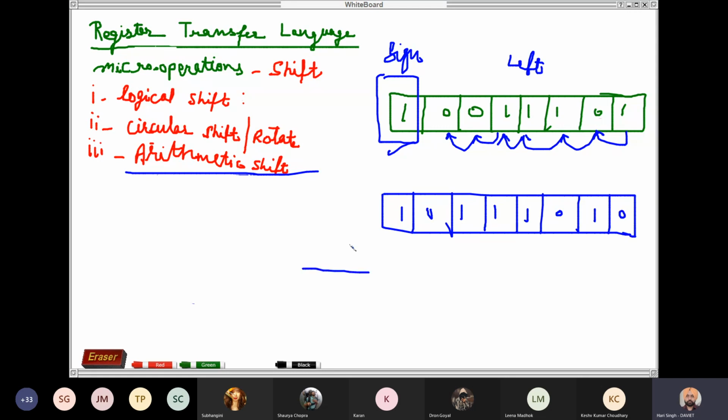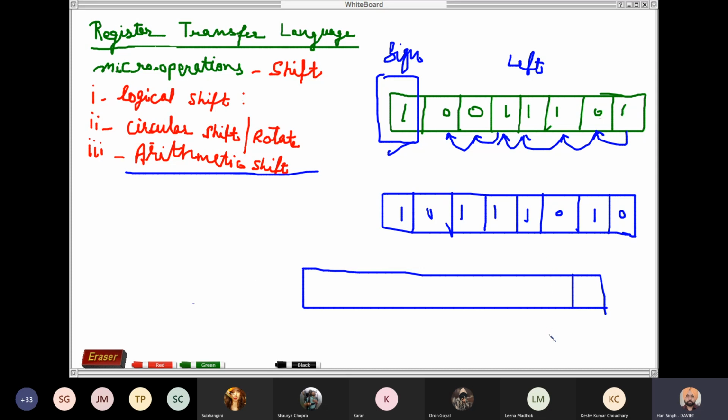Okay. Its symbolic representation is: this is the LSB bit, this is the sign bit. This is the second last bit, D6 bit, if it is an 8-bit register, and we have the bits in between, then it indicates shift right operation, and up to this. So this indicates arithmetic shift right operation.